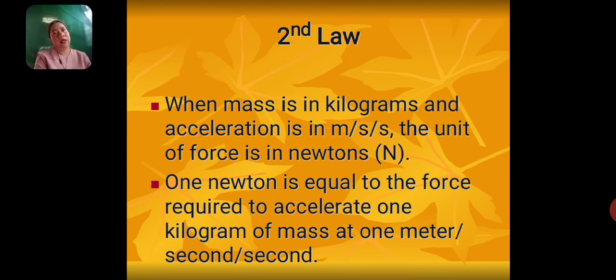The second law of motion states that when mass is in kilograms and acceleration is in meters per second squared, the unit of force is newtons. So 1 newton is equal to the force required to accelerate 1 kilogram of mass at 1 meter per second squared.